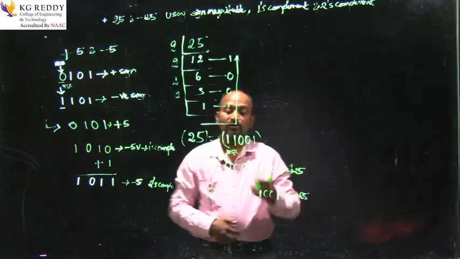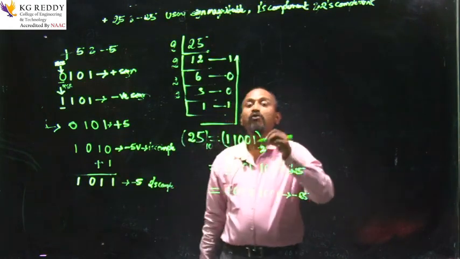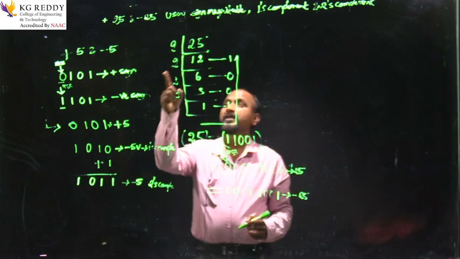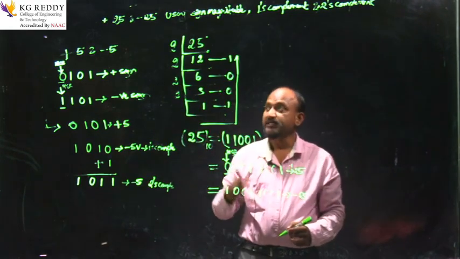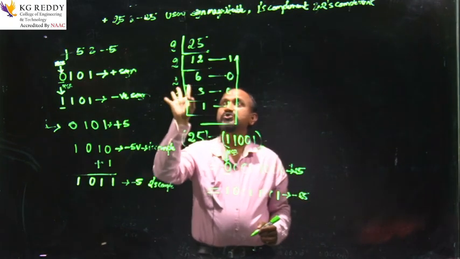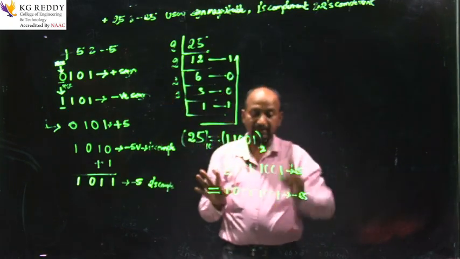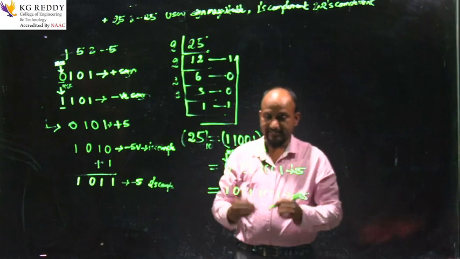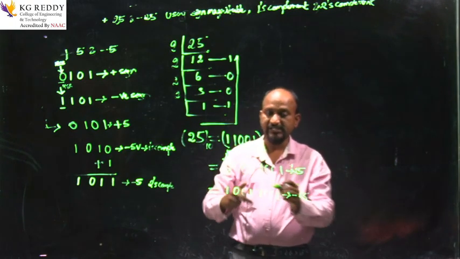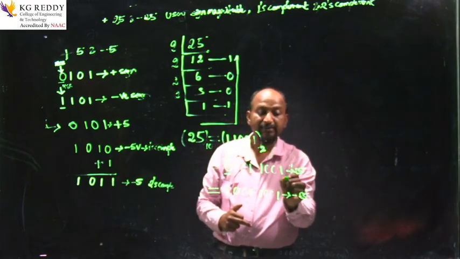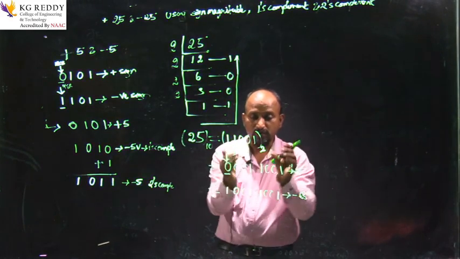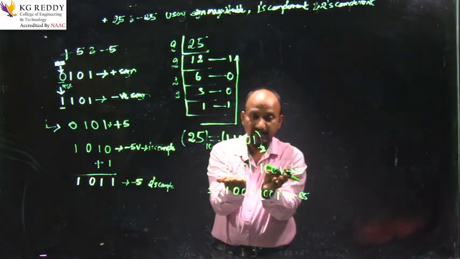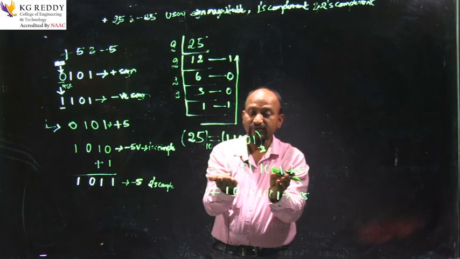Now our question is: how do we represent plus 25 and minus 25 using the ones complement? That is the next point. This is the positive 25 represented using the normal sign magnitude. You have to take this positive 25 as a reference and go for the ones complement.